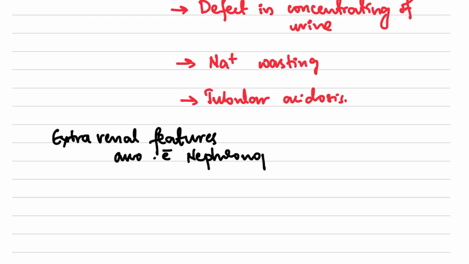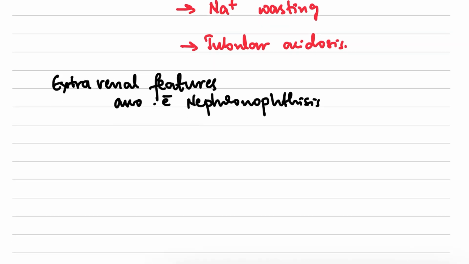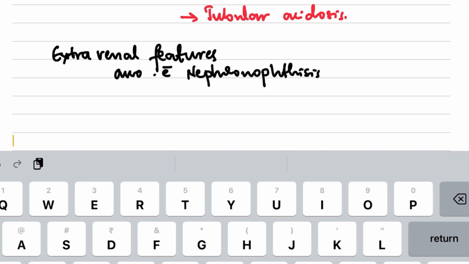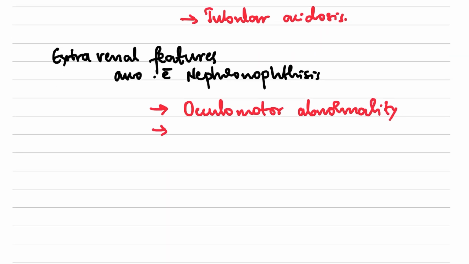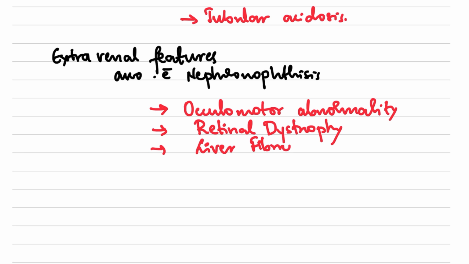The patient will have oculomotor abnormality, along with retinal dystrophy, followed by liver fibrosis along with cerebellar abnormalities.